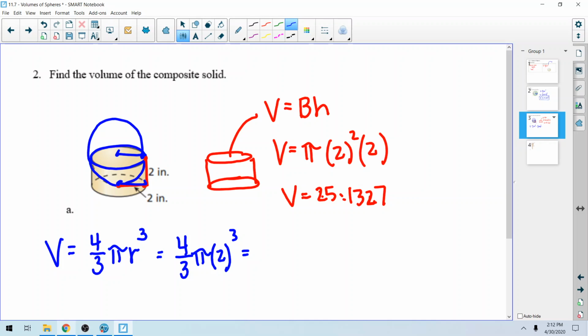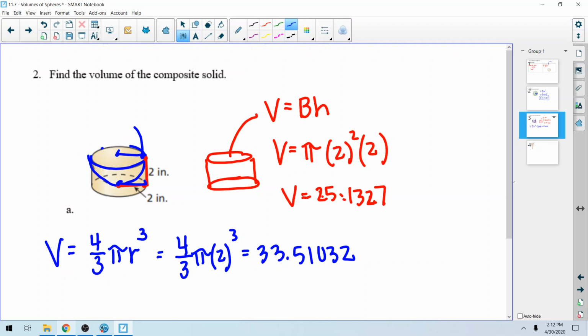I'm going to figure that out. So 4 divided by 3 times pi times 2 cubed is 33.51032.